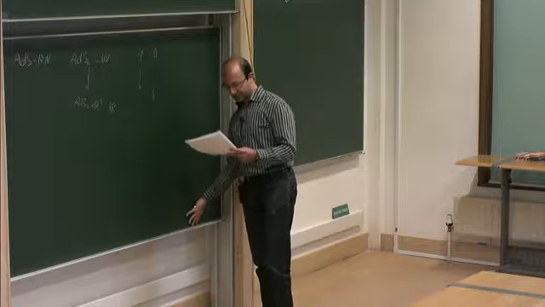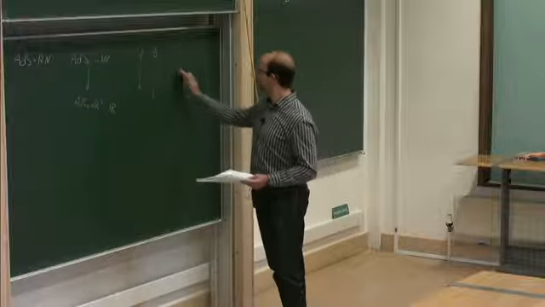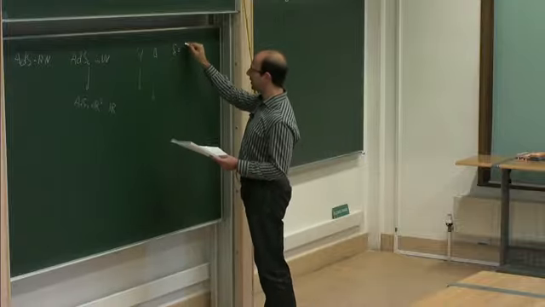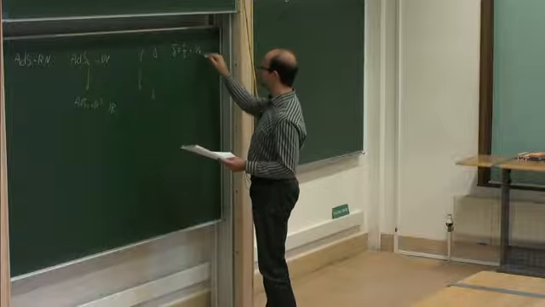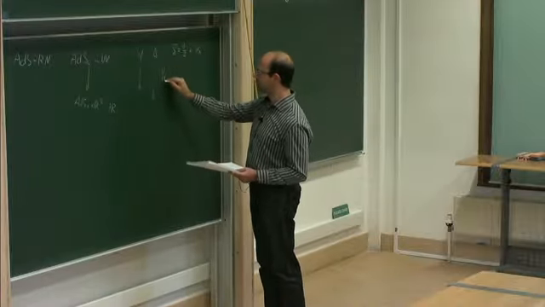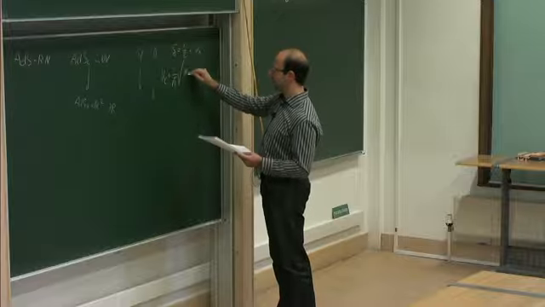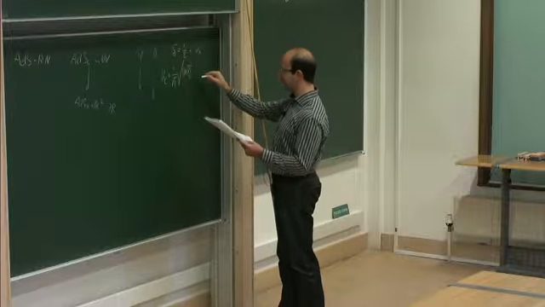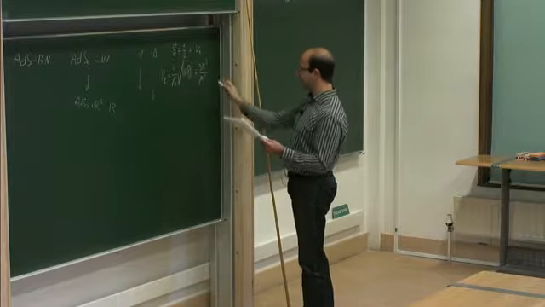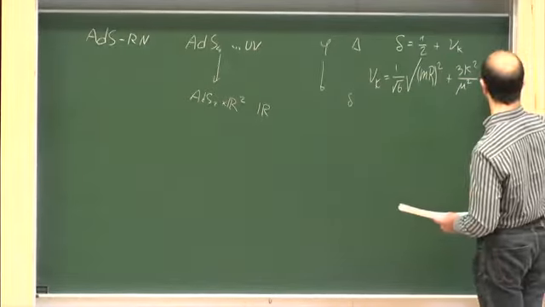This relation, for a spinor field, a spin 1/2 field, gives the dimension delta as 1/2 plus nu_k, where nu_k is given by this formula. It depends on the mass in units of the AdS radius, and then it depends on the momentum and on the charge, if the spinor is charged under the gauge field in AdS.